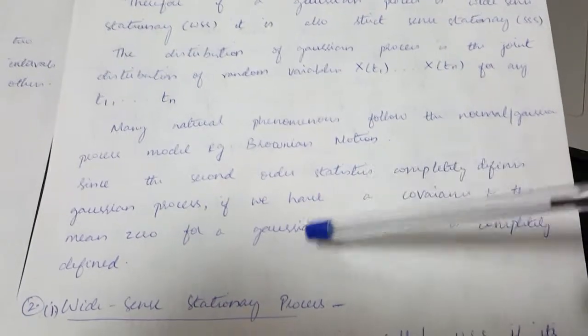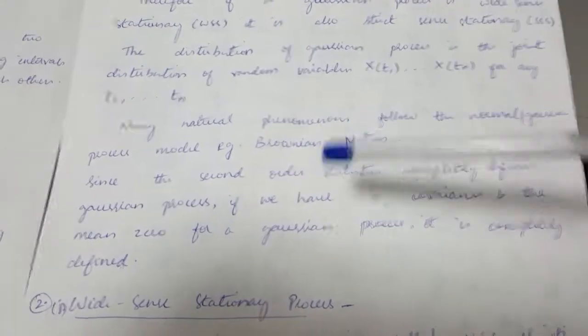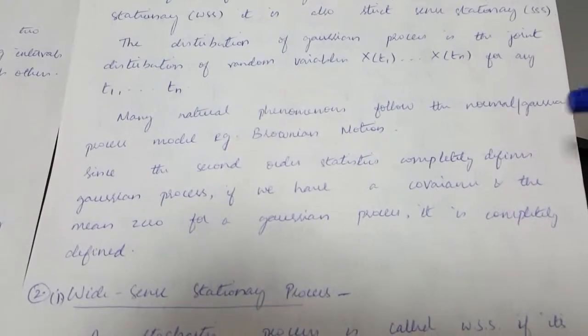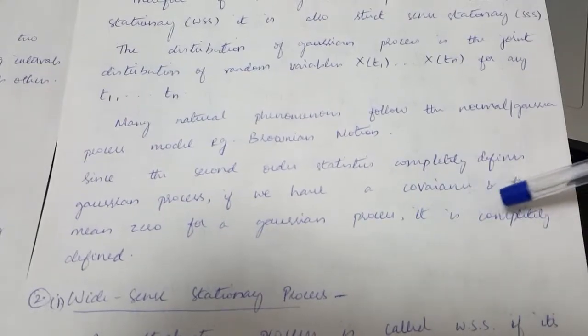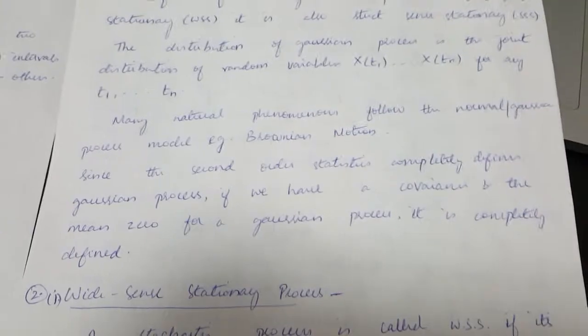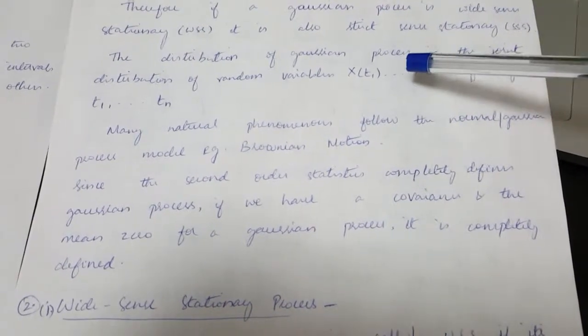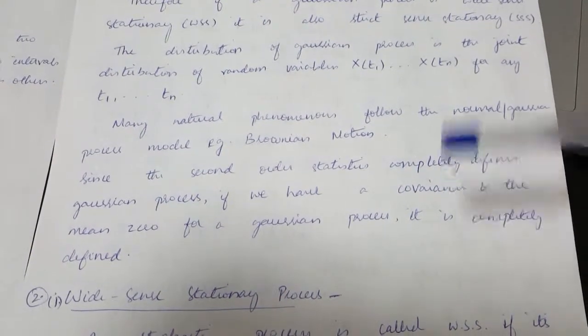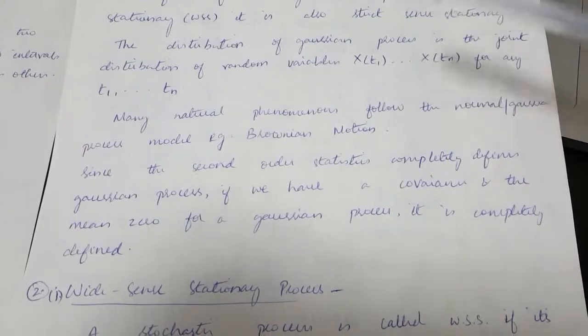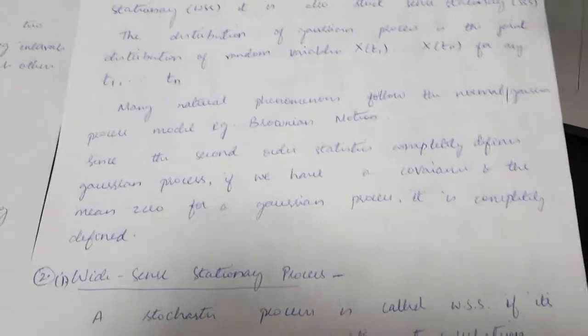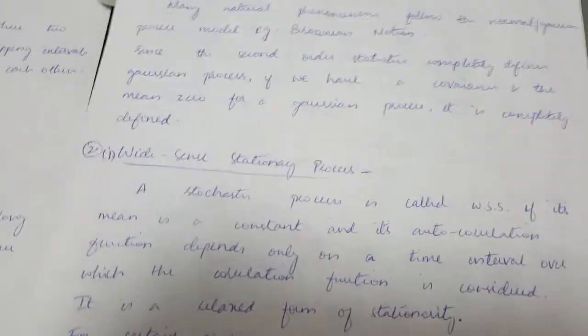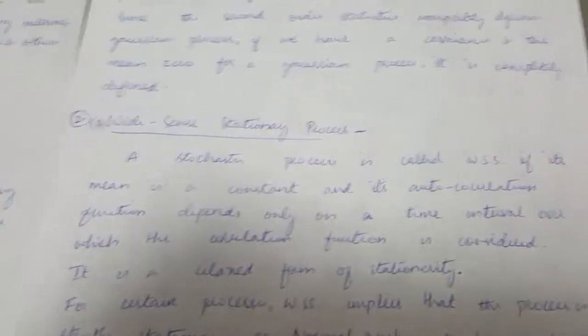As the second order statistics completely define a Gaussian process, if we have the covariance and we know that the mean is 0, then the Gaussian process is completely defined. Thank you.